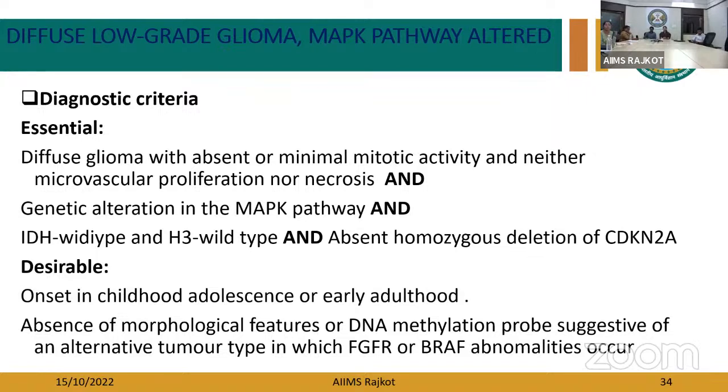This homozygous deletion of CDKN2A is important because circumscribed astrocytic glioma like pleomorphic xanthoastrocytoma and high-grade astrocytoma with piloid features both show deletion of CDKN2A, but here it is absent. And desirable criteria are onset in childhood and absence of morphological features of any other tumor which contains FGFR or BRAF mutation.